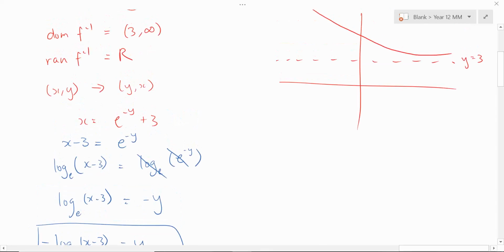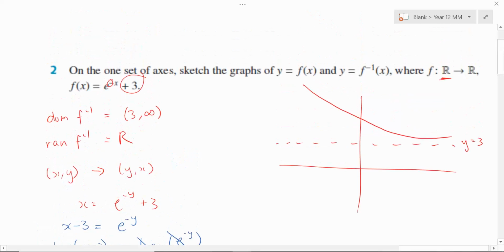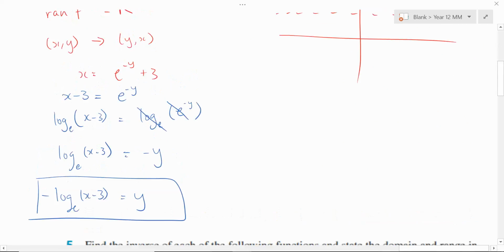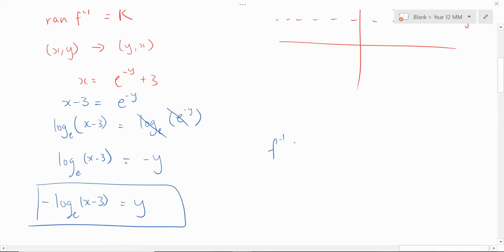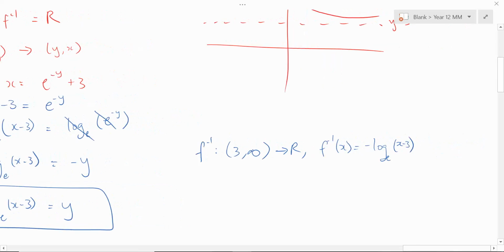Y was a made-up variable just to make it easy. You were given f of x. So your answer should be f inverse. Write the domain, so function notation. Our domain was 3 to infinity maps onto R. F inverse of x is equal to negative log e of x minus 3. That's how you write your answer.